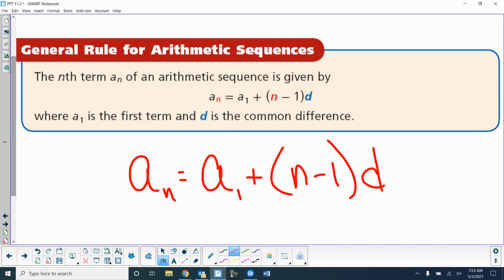So this is the rule, the formula to figure out a term of your sequence. If I'm looking for the 10th term, I still need the first term. They'll give you the first 3 or 4 terms to figure out the common difference.